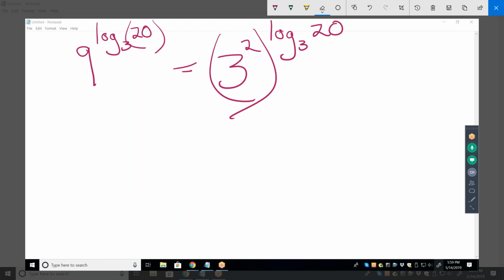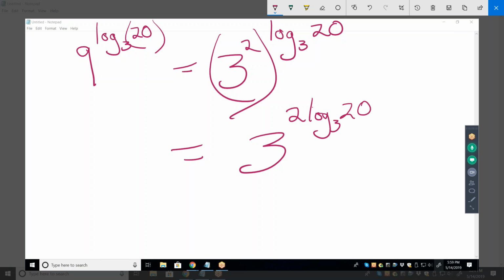I used to call this double exponentiating, but it's really only single exponentiating. The fact is, you still use one level less, and multiplication is one level less than exponentiation. So I'm going to multiply those exponents. What I really get is 3 to the 2 log base 3 of 20.